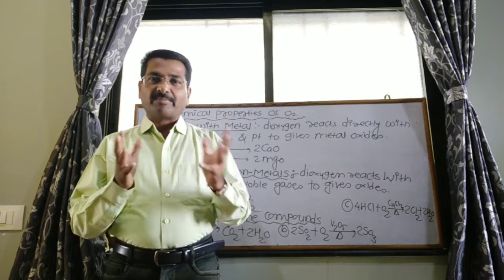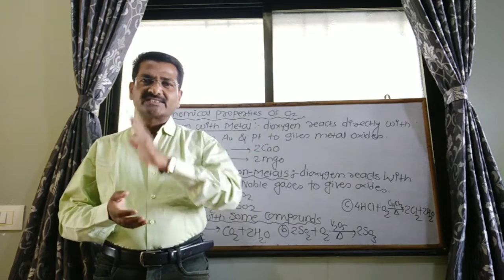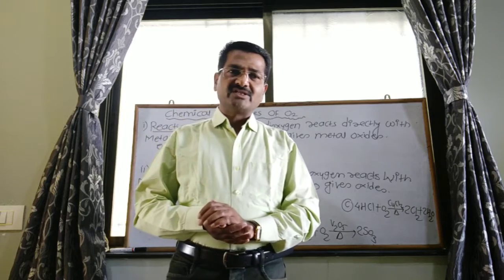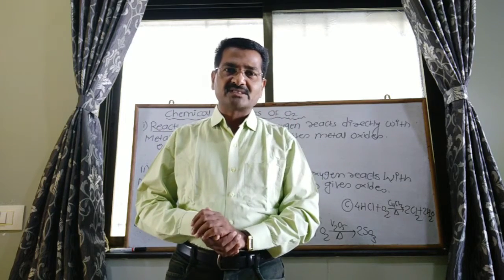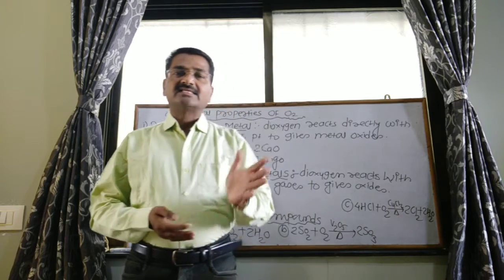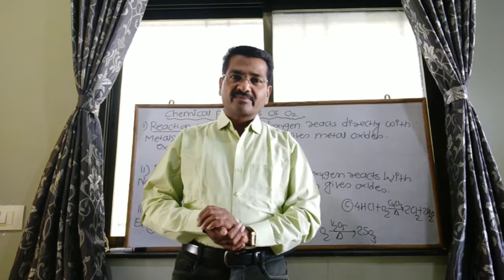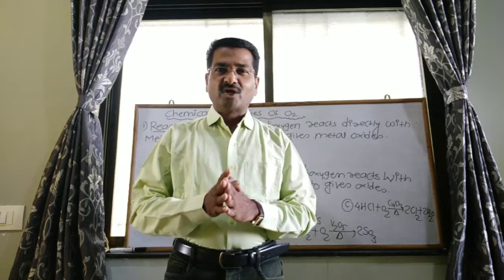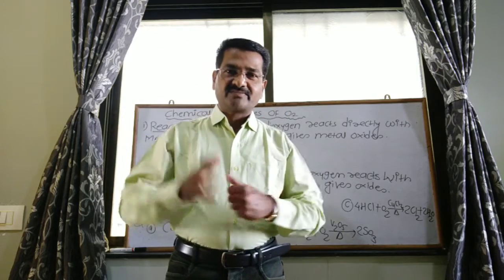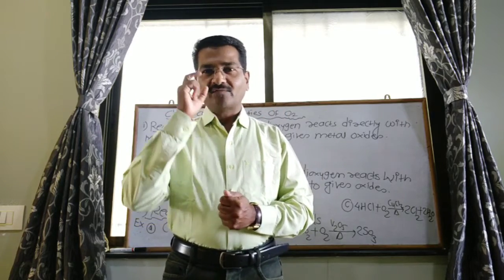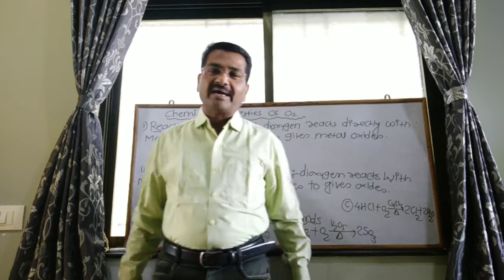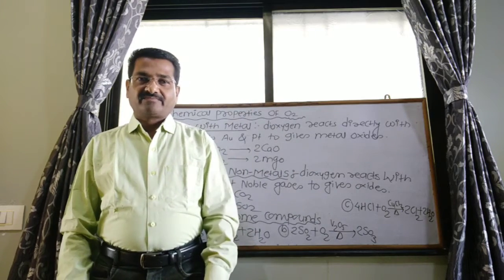So it dissolves partially. Its freezing point is also given, and it is paramagnetic in nature. Why is oxygen paramagnetic? Oxygen possesses unpaired electrons, and due to the presence of those electrons, it is paramagnetic in nature.